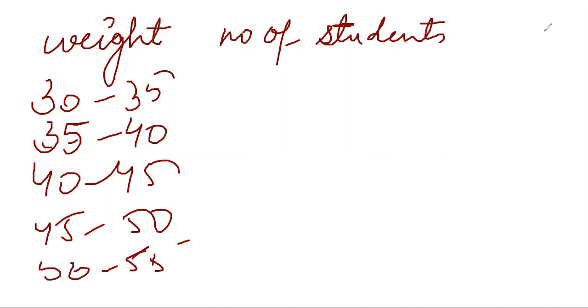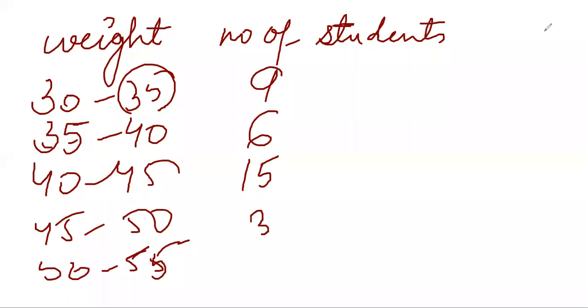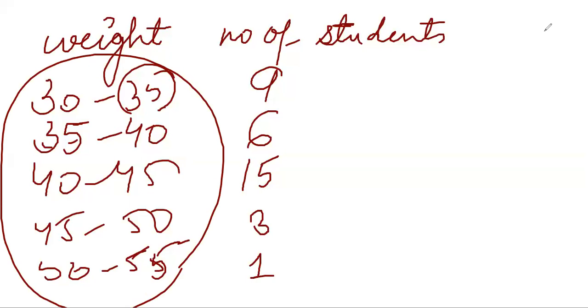As we all know, here we consider 30 but not 35. Class size is 5. Number of students, suppose we have been given here 9 for 30 to 35, then for 35 to 40, 6, then 15, 3, 1. Then here we'll make a histogram because the intervals are given in continuity.